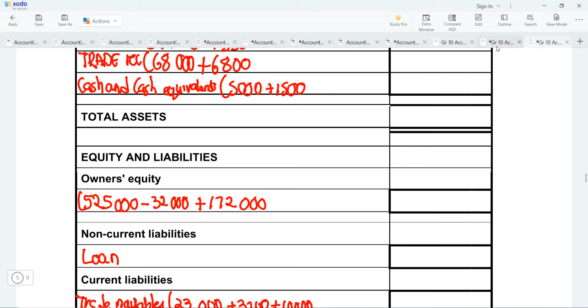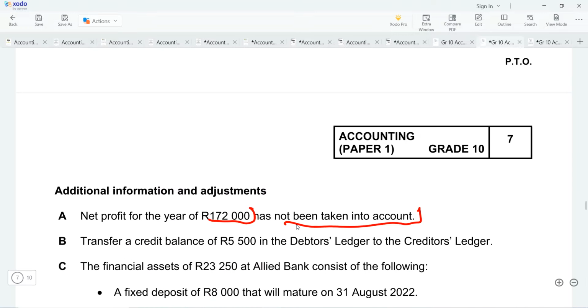From there, we proceed to the next transaction to hear what they're saying to us. Here they're saying a credit balance of 5,500 in the debtors ledger. Remember, a debtors ledger is like this, and this is the debtors ledger that we are talking about. The balance is this side, 5,500.